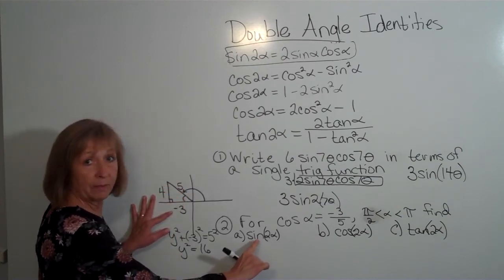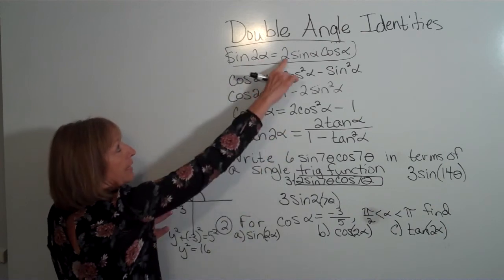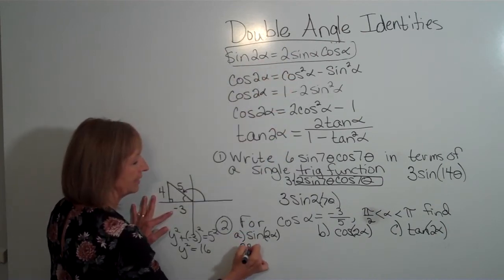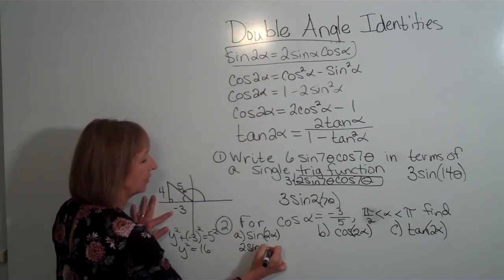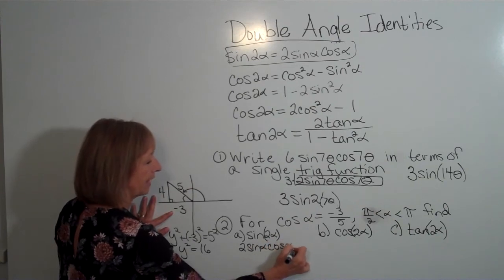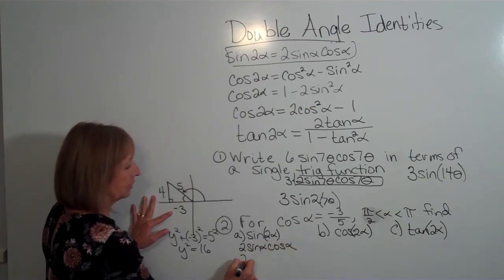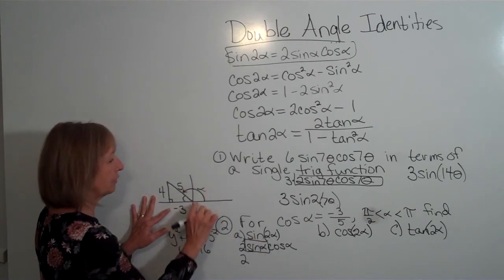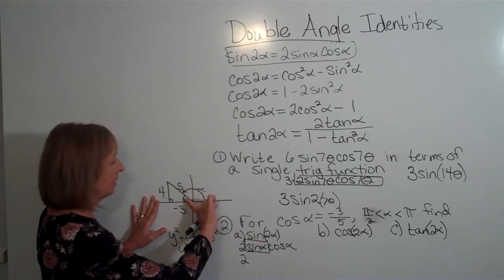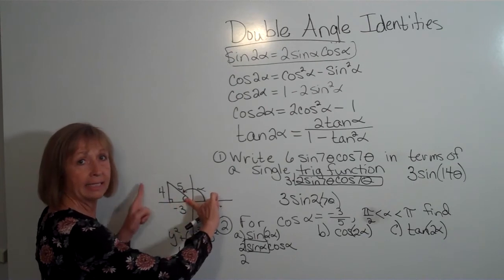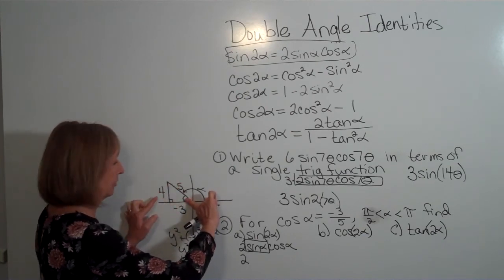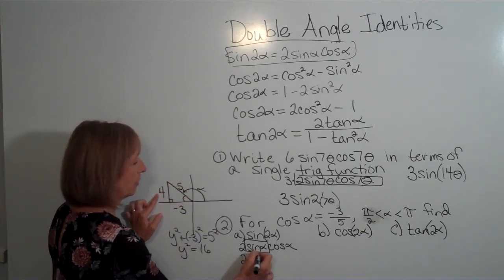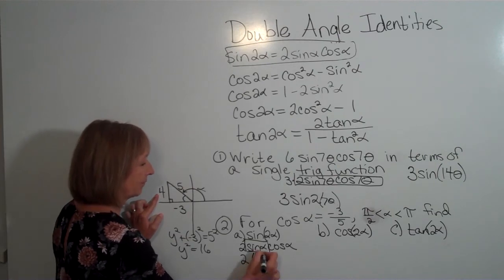Now I want to go back to my identity. So the sine of twice an angle is 2 times the sine of that angle times the cosine of that angle. So it's 2 times the sine of alpha. Remember, here's my picture for alpha. I want to read the sine off of it, and sine is opposite over hypotenuse. So that's 4/5.